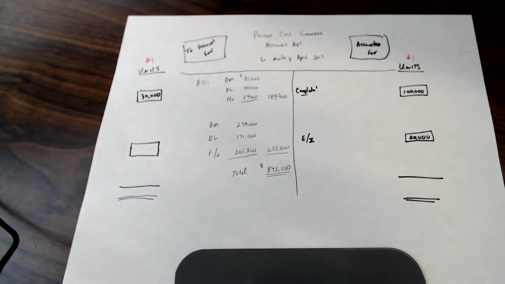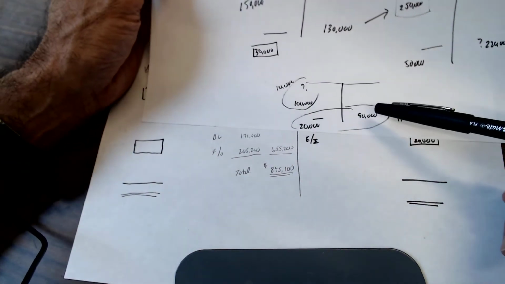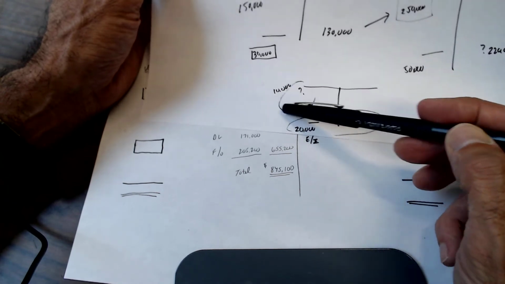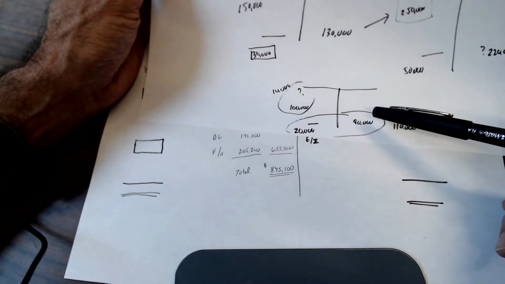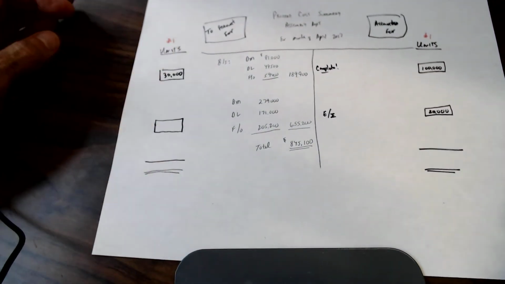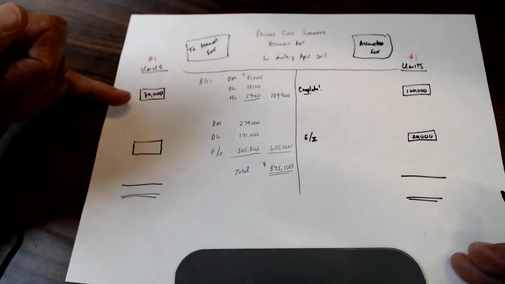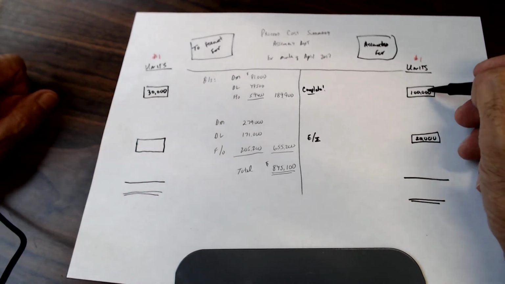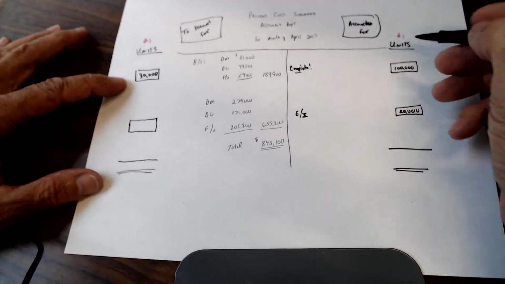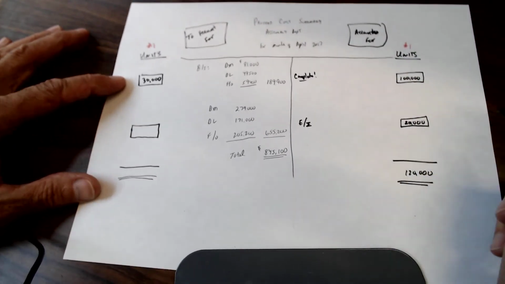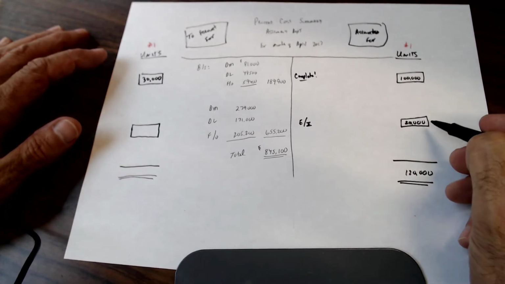Now remember I said that the easy way to calculate the fourth one is just knowing that beginning inventory plus what I started has to total up to what I completed and what's still in ending inventory. Well, that's exactly what we're doing here. So I know that this side adds down. This is 120,000 units I can account for. I finished 100,000 and there's still 20,000 here.